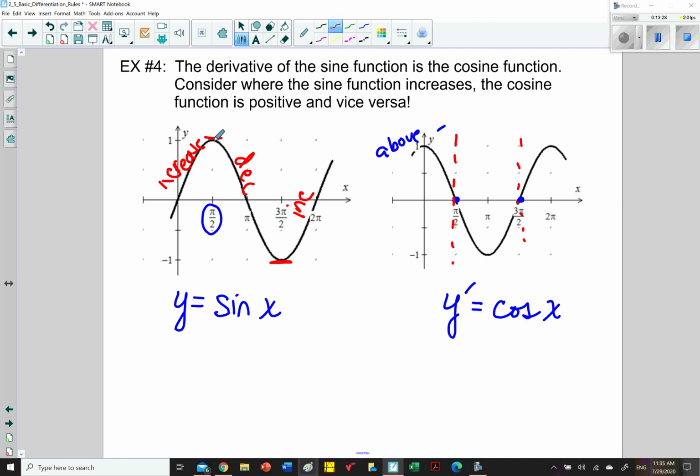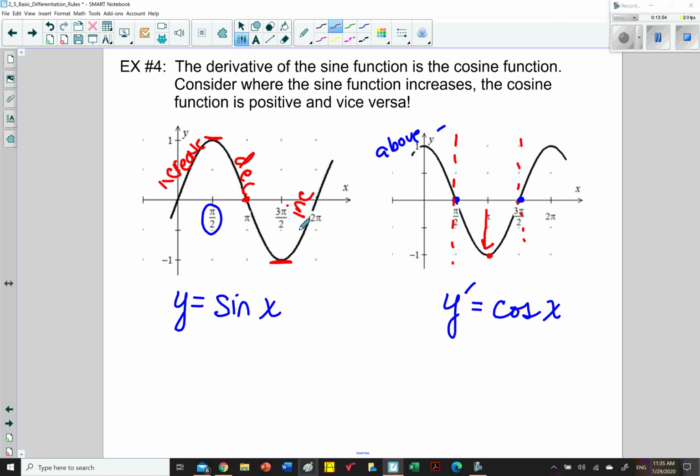And then my function graph is decreasing, which puts our derivative graph below the x-axis. You see where the function changed from concave down to concave up? At that place, which is pi, we had a minimum value on our derivative graph.